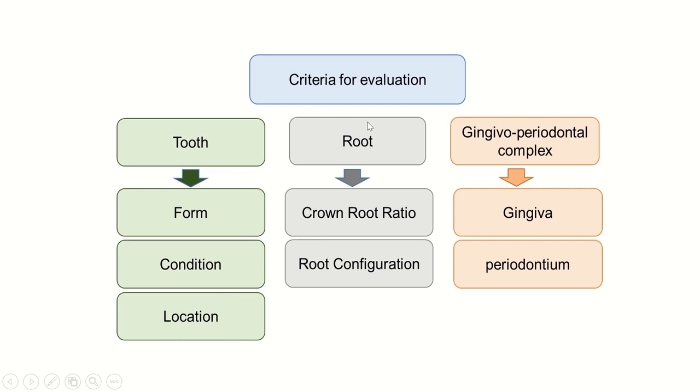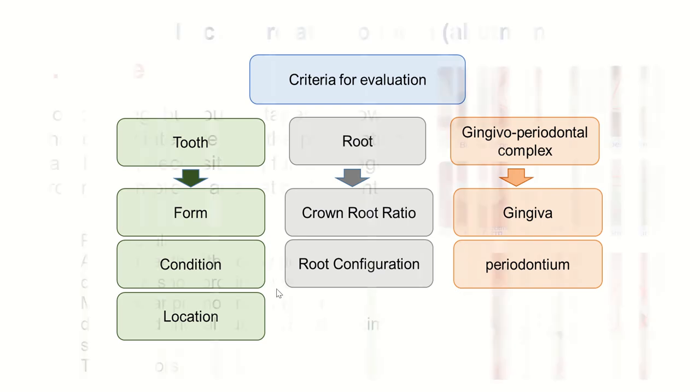The other evaluation is concerned with the root, which includes the crown-root ratio and root configuration. The last section is the gingival periodontal complex, which includes the condition and state of the gingiva and the periodontium.